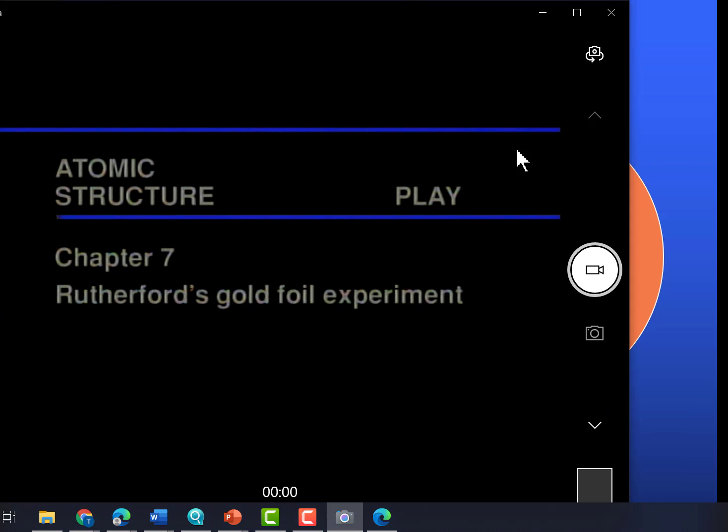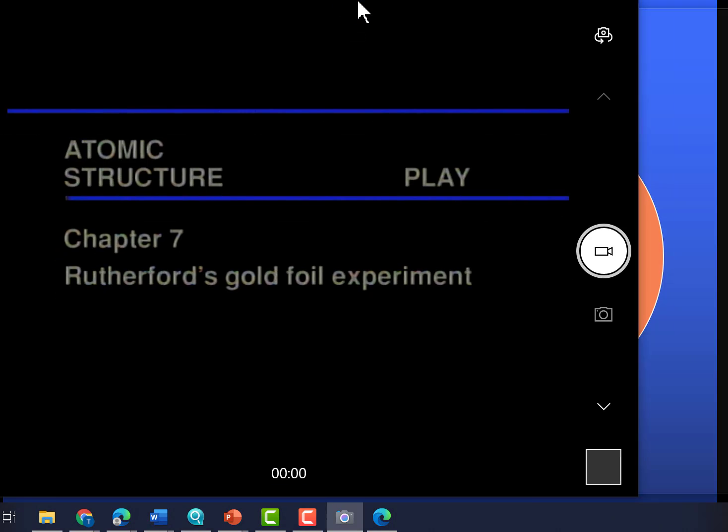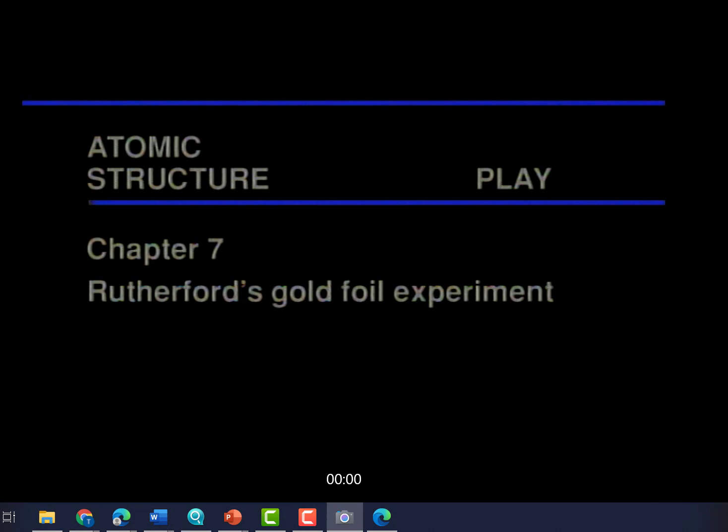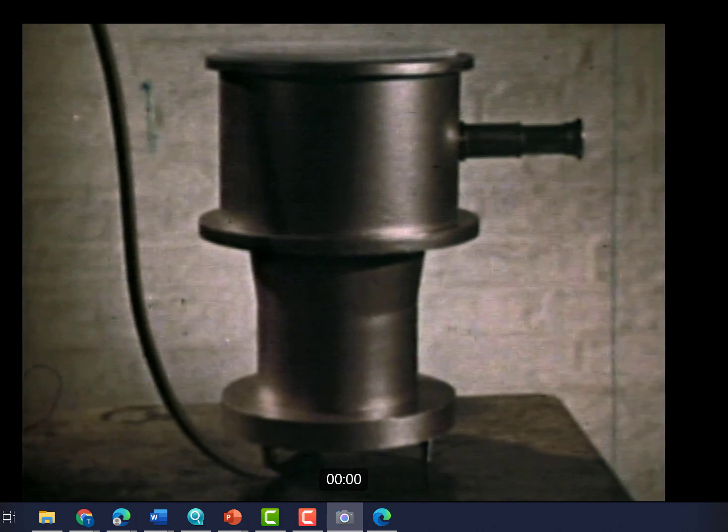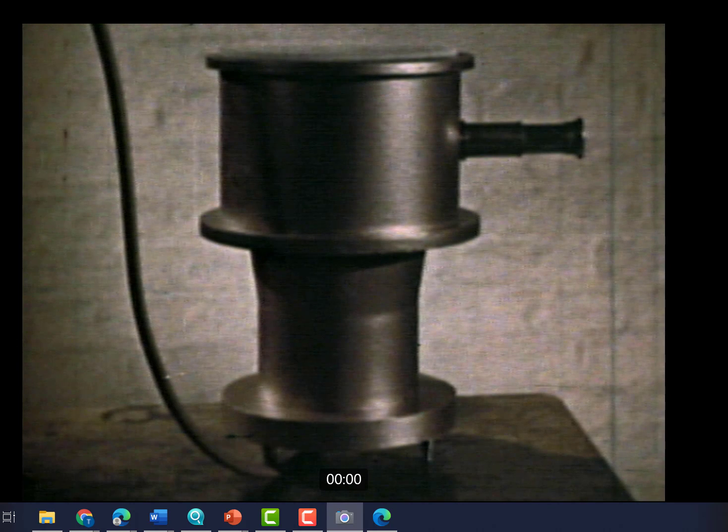So, this is the actual equipment. Here's what the equipment looked like. It all happened inside here. Here's the little place where they can look in. Everything happened inside of this container.